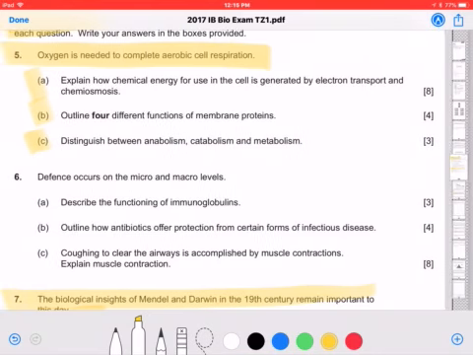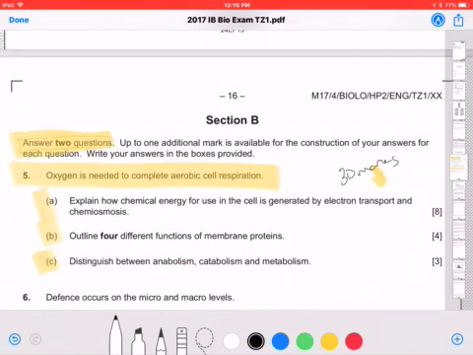So 30 of your 72 marks are going to come from this section. Well, I guess 31 if you count the 1 additional mark. And the other 41 marks are going to come from section A.